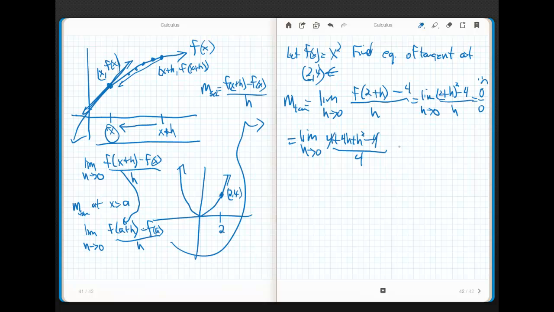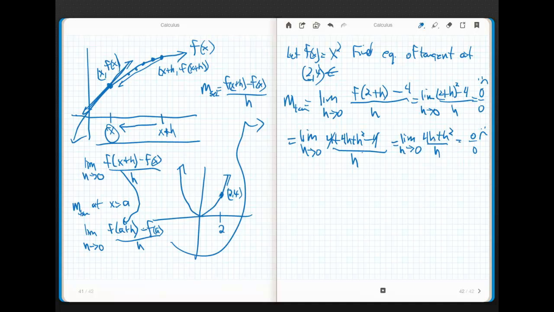Last I checked, 4 minus 4, those things cancel out, and I end up with the limit as h goes to 0 of 4h plus h squared, over h. Plug 0 in. I still get 0 over 0.